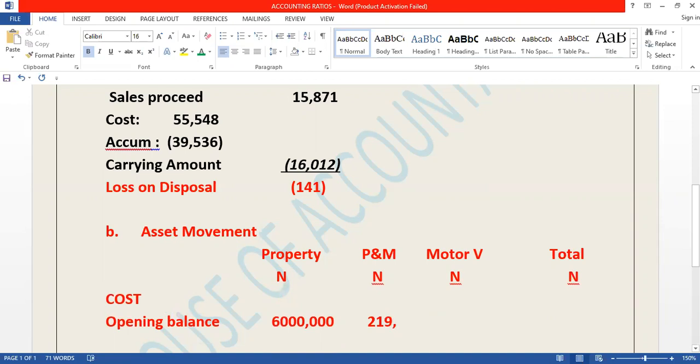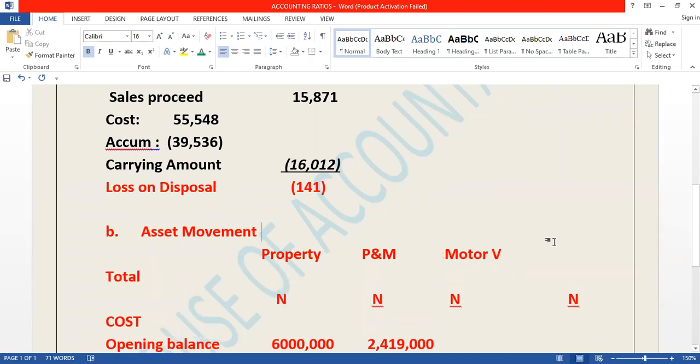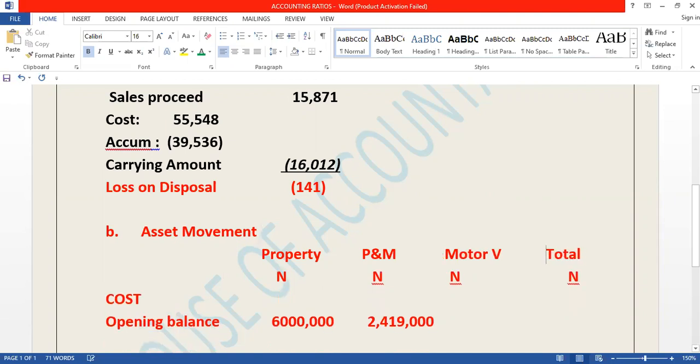Yes, in thousands, so 2,419,000. Okay, so how about the motor vehicle? What do we have for motor vehicle? 585,000. In thousands, like this, right? Yes.